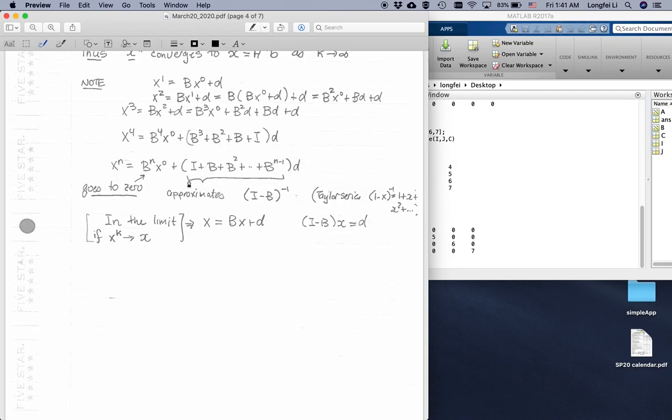So that's why we say this one is an approximation of I minus B inverse, and this other term goes to 0.